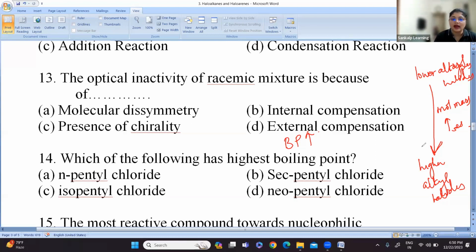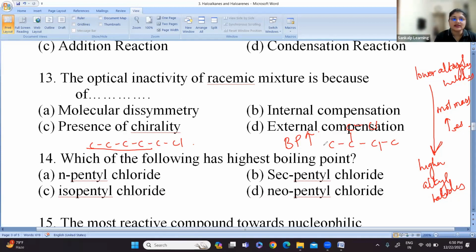This is one thing. Another thing you have to remember is that whenever branching is there. In case of N-pentyl, it is a straight compound with 5 carbon atoms. Secondary means it will have a secondary branch.